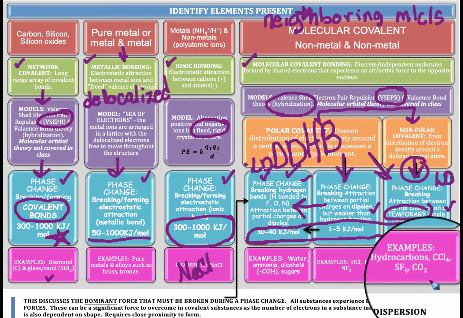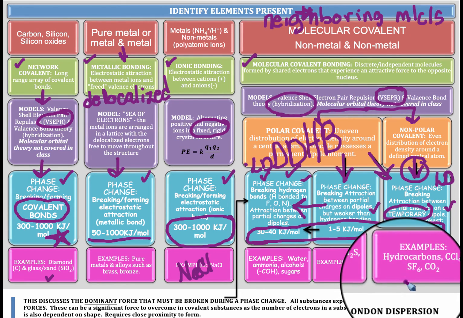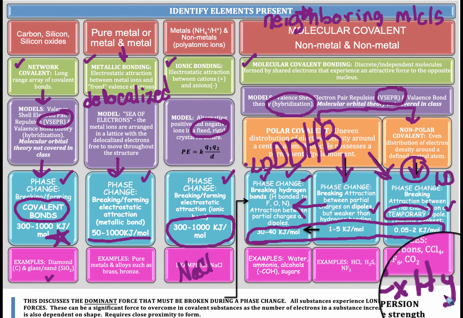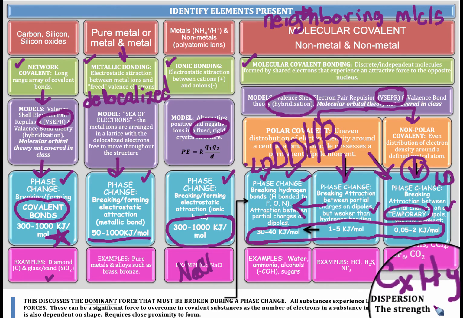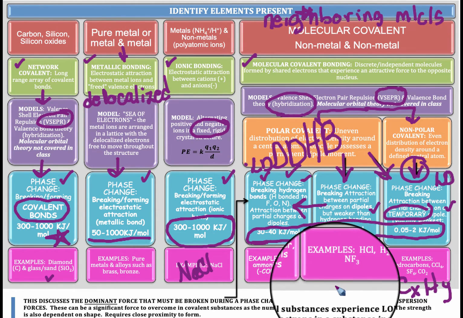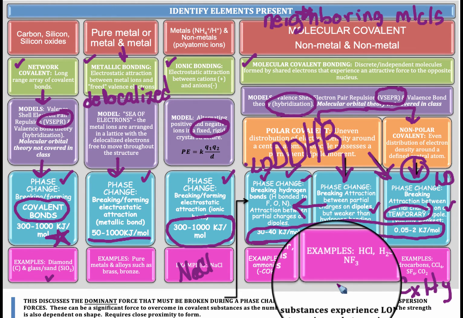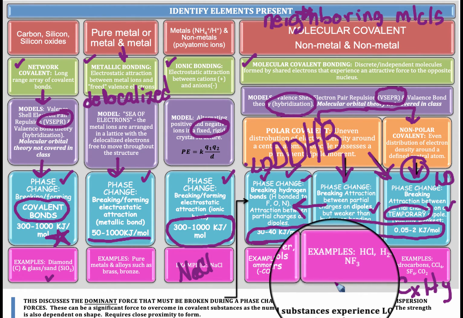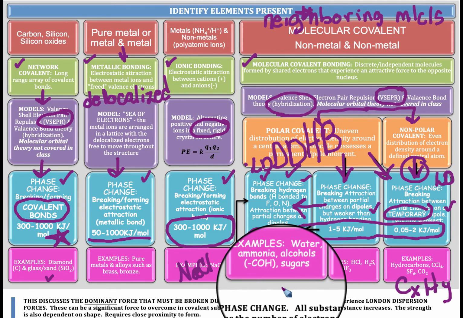So some examples. For pure London dispersion, anything that is just carbons and hydrogens is considered to be non-polar and would have London dispersion only. Polar molecules, HCl, H2S, NF3, SO2, those polar molecules would have a dipole-dipole.